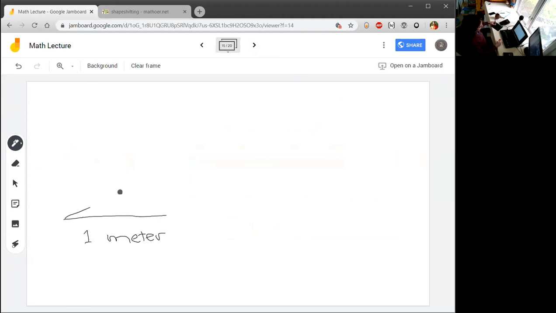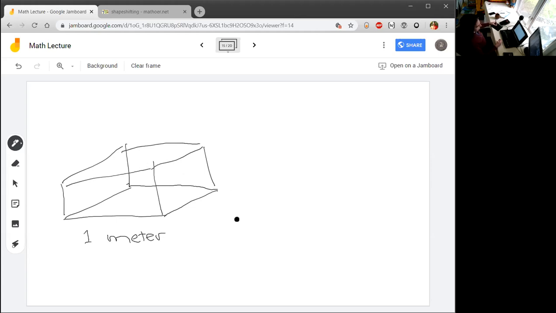If I was, however, to make an aquarium that was a meter on a side and fill it with water, that would just be an immense amount of water. When I'm caring about volume, when I'm caring about weight, that would be an impractically large amount of volume or weight to be the basic thing to measure with.